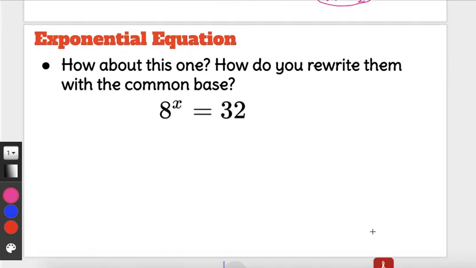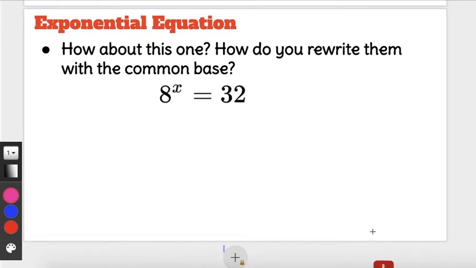Now, last part. So this one is going to be a little bit challenging for us to understand. As I mentioned, sometimes it's not so easy to see the connection between the two bases here. So what we do here is I'm going to try to set a bridge between these two bases. I know there's no way I can change 8 to some power to get 32.